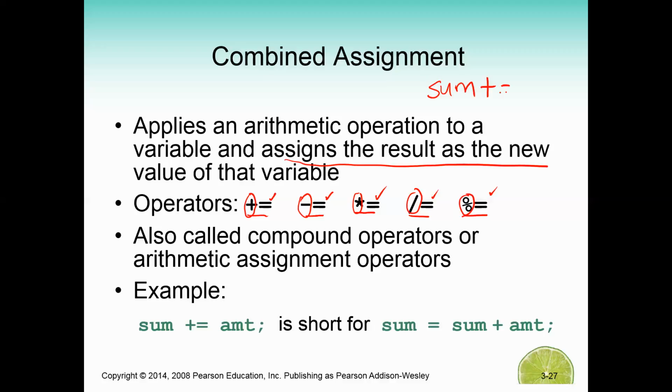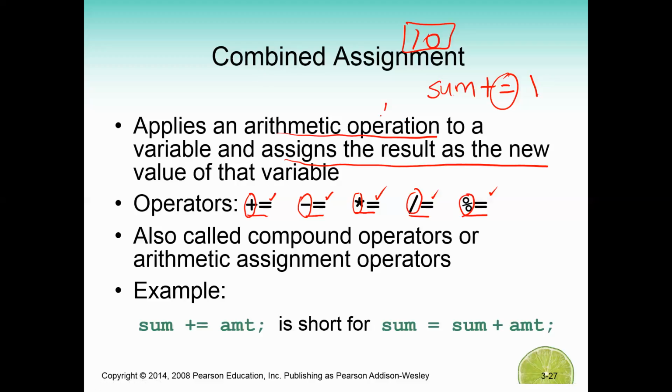So if I have sum plus equals 1, and sum is a variable that has a 10, what it's going to do is apply the operations. It's going to say sum plus 1, as if the assignment did not exist. So sum plus 1, it's 11. This is operation number 1.